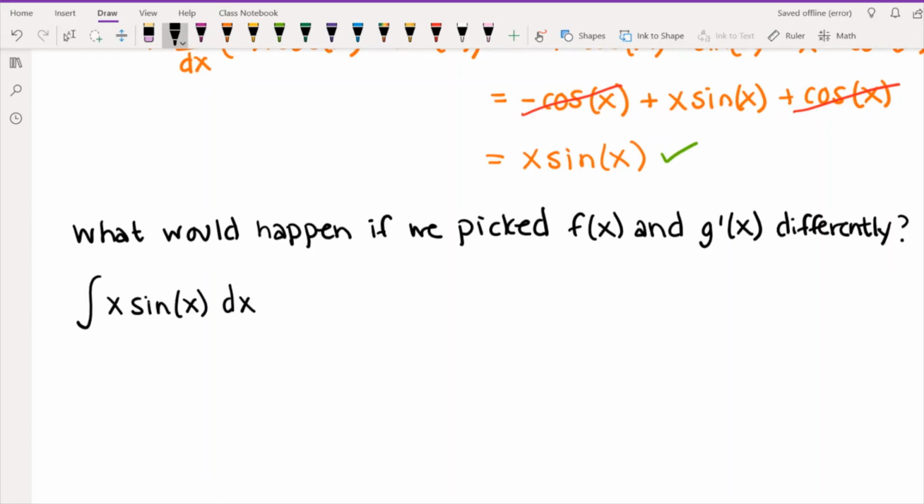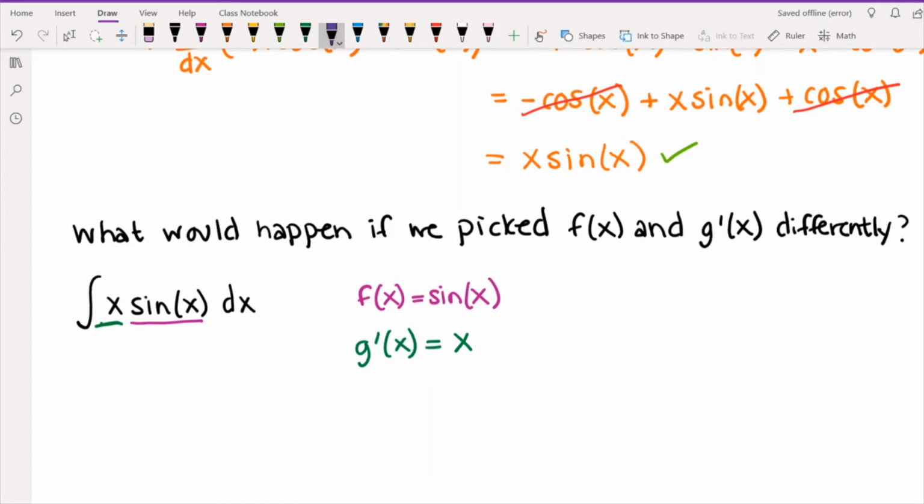So let's say that this time we picked our f of x to be sine of x. So we're saying now that this is f of x. And then we picked our x to be our g prime of x. Okay, so what would happen in that case?